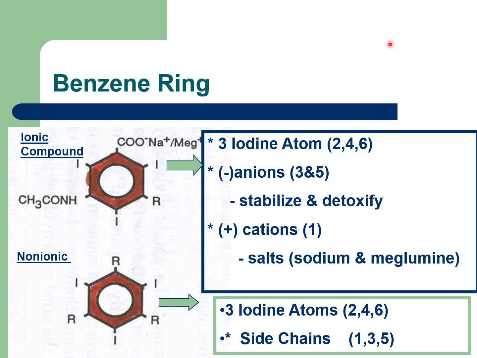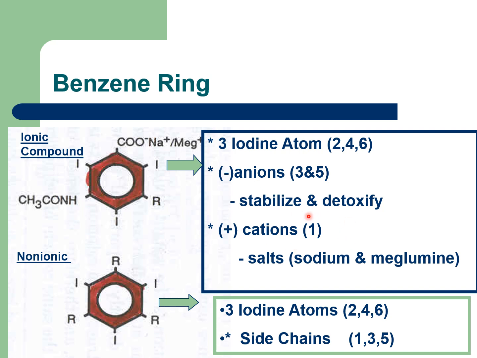This is just a breakdown of it. I don't think anybody's going to ask you this, but if we look at the benzoic ring, or the benzene ring, this is showing you a molecule here. Three iodine atoms, in spaces 2, 4, and 6 on this molecule. So iodine here, here, and here, and then the other things are chains that are on top of that. Positions 3 and 5 give stability and detoxify, and then there's a cation on spot number 1, salts like sodium meglumine.